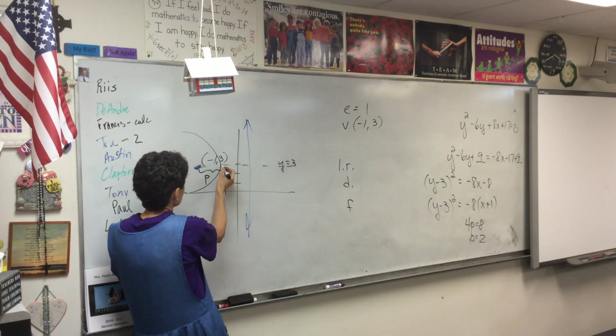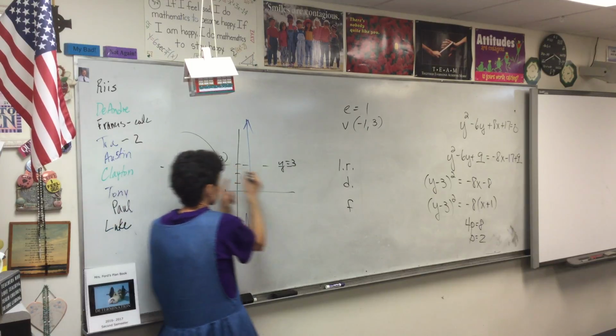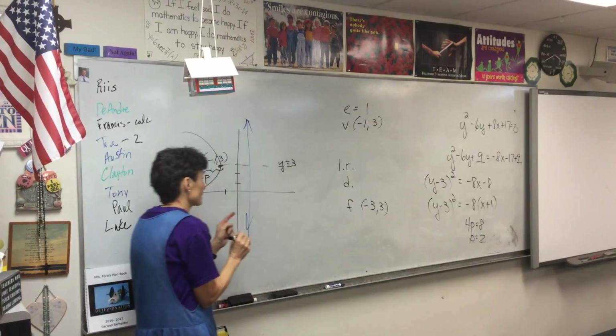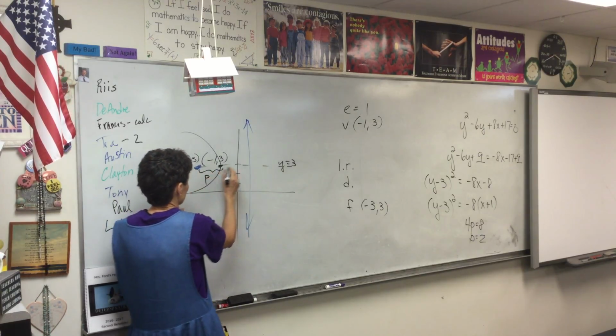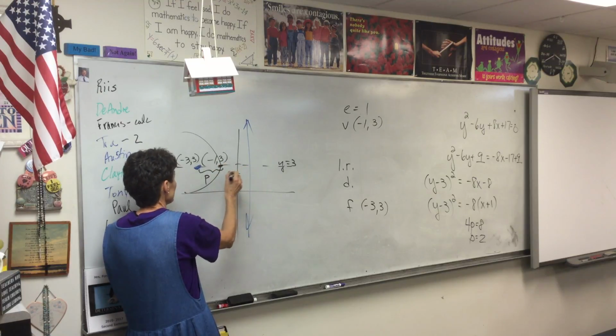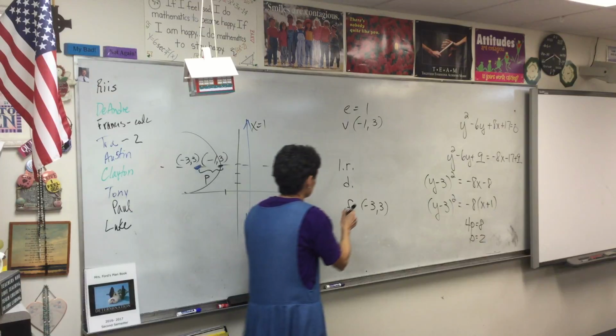So I'm going to back up 2. If I back up 2, I'm at negative 3, 3. That's my focus. If I go forward 2, because if I back up 2, I have to go forward 2, I'm at x equals 1.